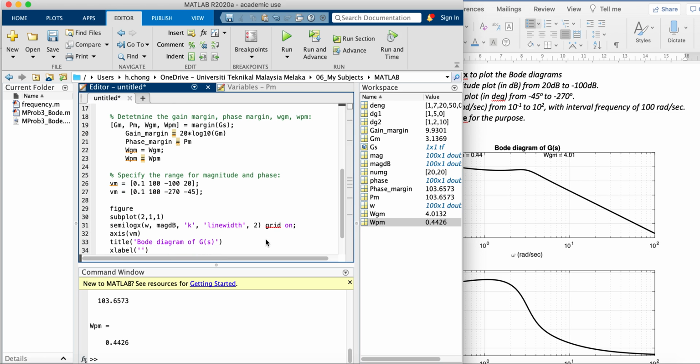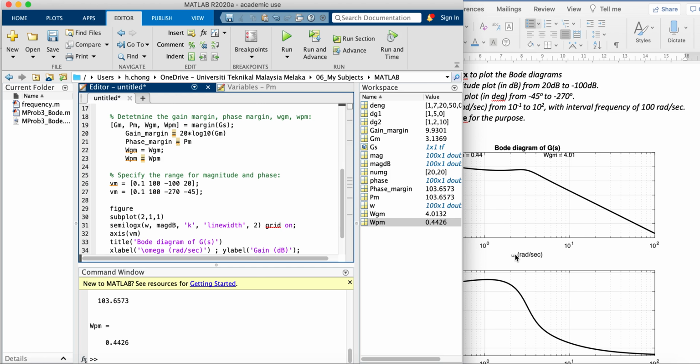As you see there, they don't write omega, they put a symbol. To write the symbol in MATLAB, you type omega and radian per second. This one is done, and the y label is again the unit in dB.